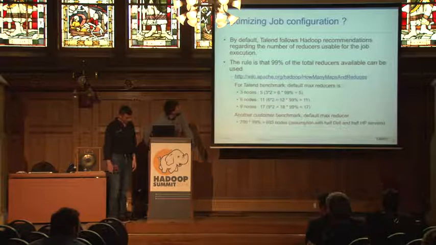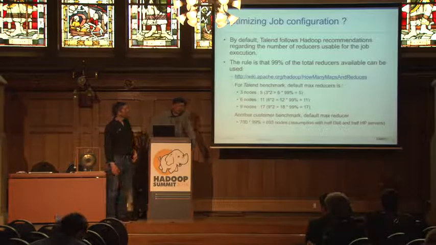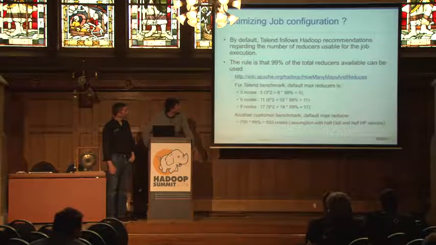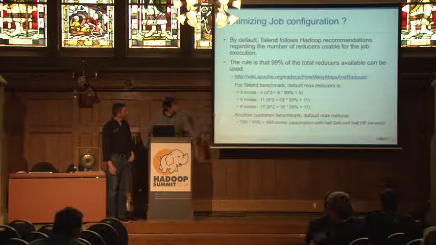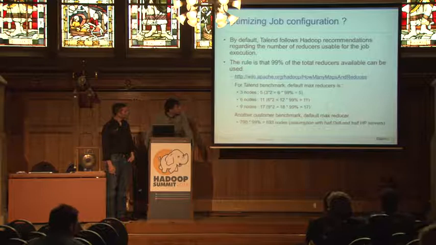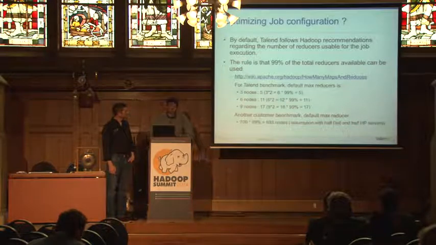Yeah, so first, in fact, we follow some Hadoop guidelines. So if you are not aware of that, there is a link on the wiki where, for example, one rule is to use 99% of the total reducers available. So there are plenty of other rules.